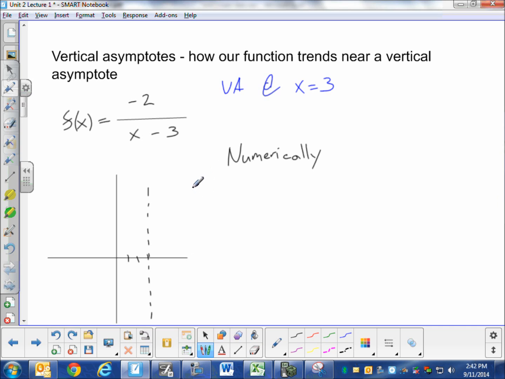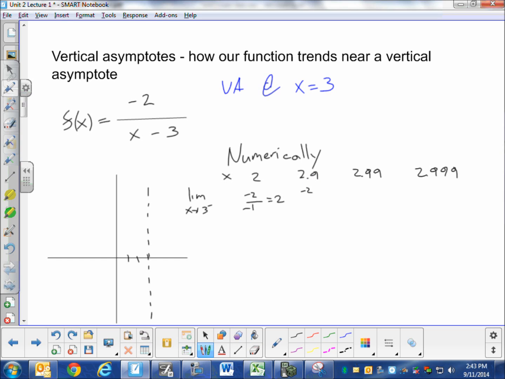So I can numerically find the limit as x approaches 3 from the left. I plug in different x values. I could start at 2. That's to the left of 3. I can do 2.9, 2.99, maybe even 2.999. What I'd get: negative 2 over 2 minus 3 is negative 1, so that's positive 2.